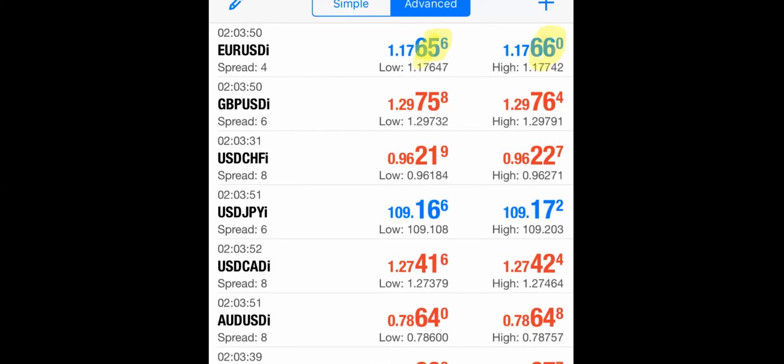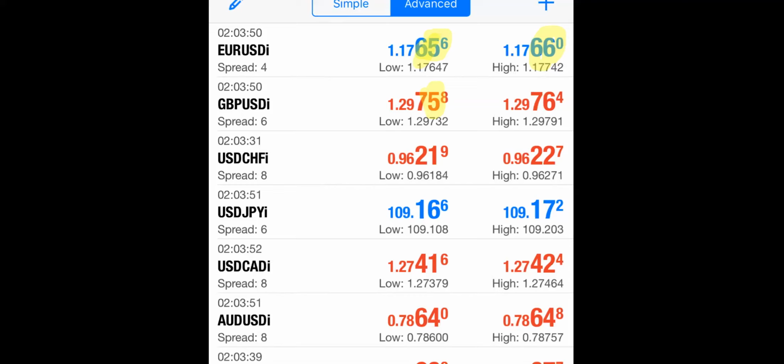You may see different pairs. If you look at Euro USD, the two big numbers are the 3rd and 4th digit. If you look at USD JPY, the big numbers are the 1st and 2nd digit. That's what you're paying attention to.